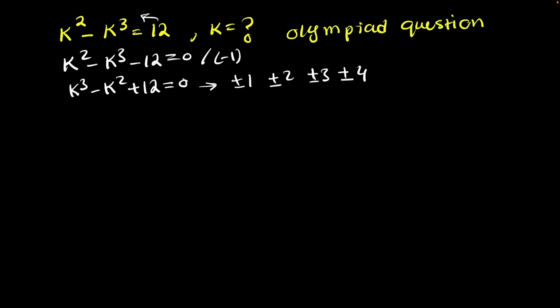So let's try -2. (-2) cube minus (-2) square plus 12 equal to 0.